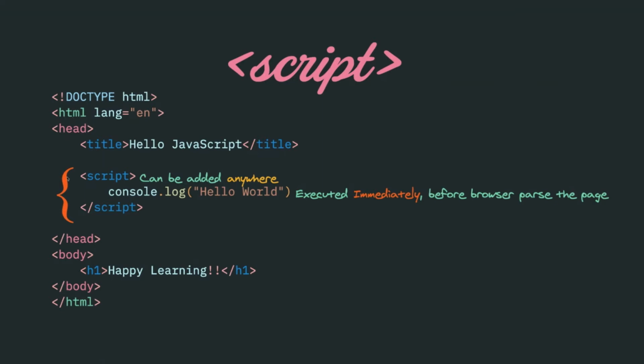So here we have a simple HTML5 markup. We have defined an HTML tag, then we have head and body sections. Inside the head, we can add the script tag, and in the script tag we are printing console.log hello world. console.log is for debugging purposes, which we will use almost daily, most of the time.